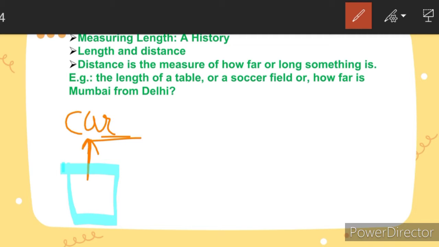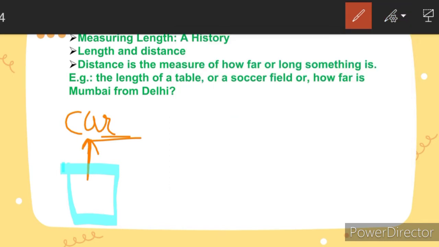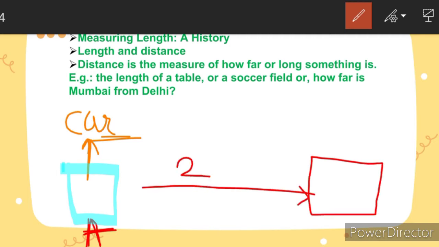So we are going to go from town A to town B. Let us keep it that the car is standing at a place where town A begins. So वो जहाँ पे खड़ी है car, that is the place, town A, and then the car travels. It travels 2 kilometers and then it reaches town B.